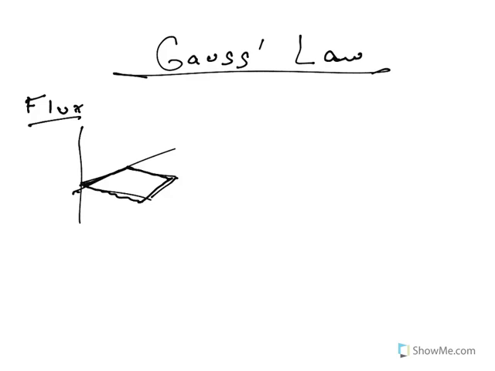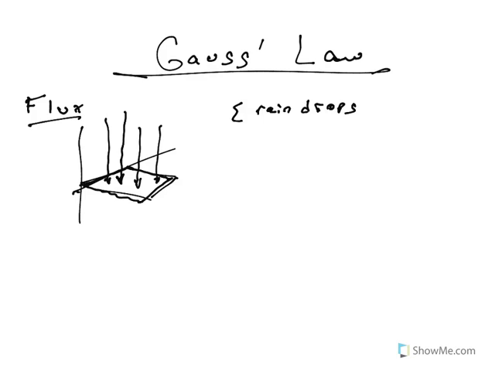It could be going straight down perpendicular to the surface, which would be excellent. Maybe you have the water flowing straight downwards vertically. And so all you would have to do is count up how many raindrops are hitting this piece of surface. Not too bad. You would just sum up all of the raindrops that go through this particular area.